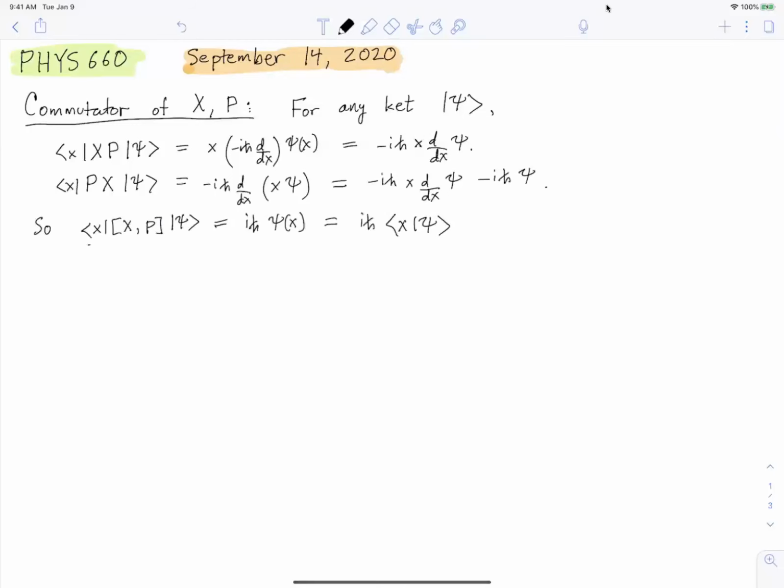Now comparing those expressions, since they're supposed to be valid for any psi, we can conclude that the commutator of X and P is equal to i h bar. So this is a famous result. This is known as the canonical commutation relation for position and momentum.